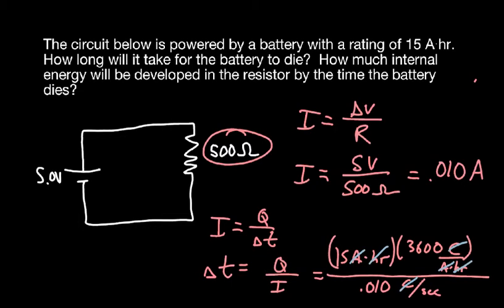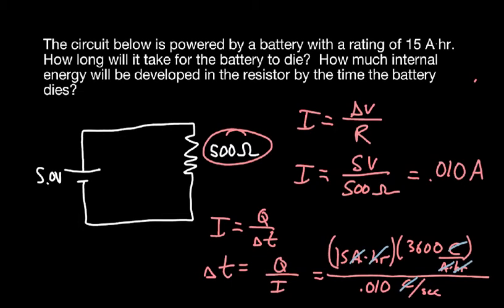Now, let's look back up top here and think about how much internal energy we're going to have developed in this resistor by the time the battery dies. Well, energy, the only relationship we have for that is the one with power.